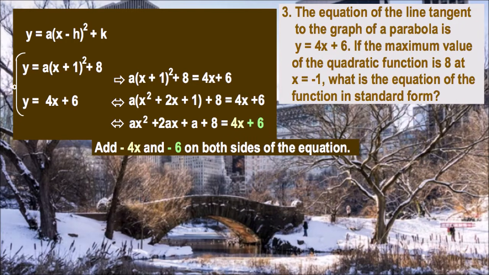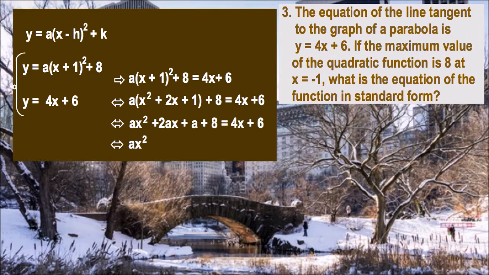Now, we'll add negative 4x and negative 6 on both sides of the equation, equivalent to ax squared plus 2ax minus 4x plus a plus 2 equals 0.